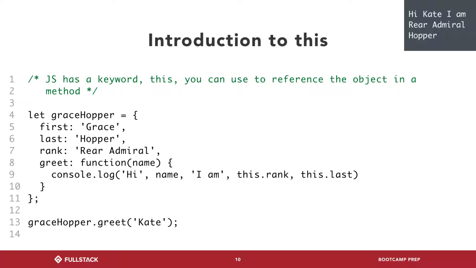The reason this is sometimes hard to teach is because if I write this on line 9, I could also write this on line 12, and the this at line 9 is different than the this on line 12. It's like someone saying, "I am here." Where's here? Well, if they're saying it when they're in Montana, here is Montana. If they're saying it when they're in Texas, here is Texas.